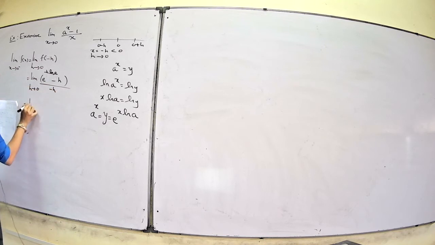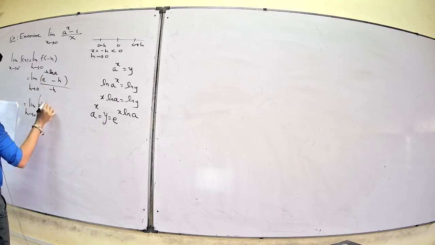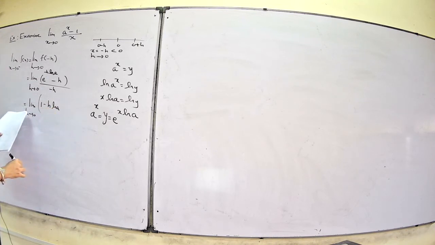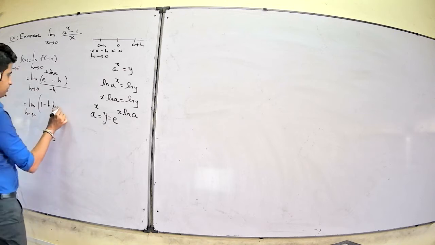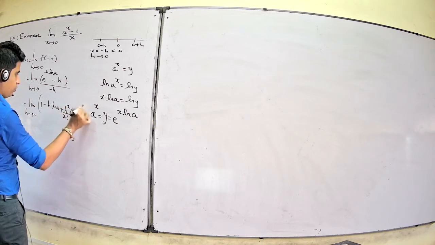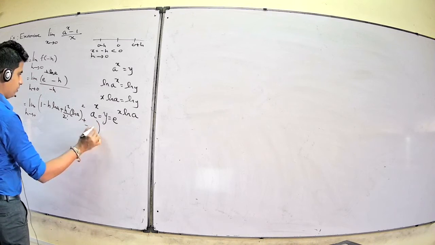What is the limit? It is easy. H tends to 0. What is the expansion of this one? 1 minus h ln a, plus the next terms, a squared over 2 factorial ln a squared, and so on, minus h also there.